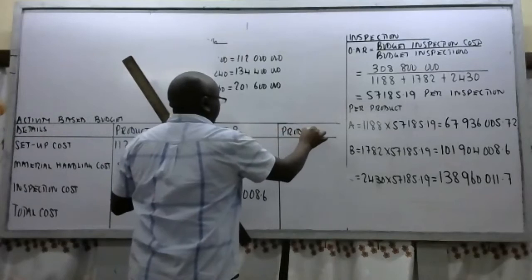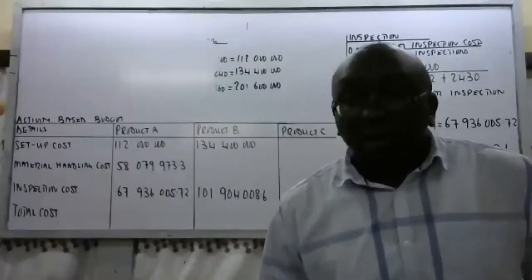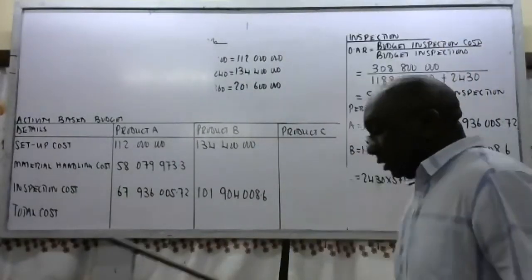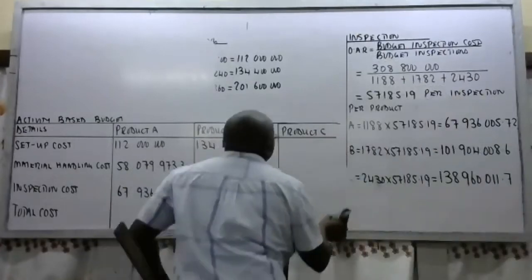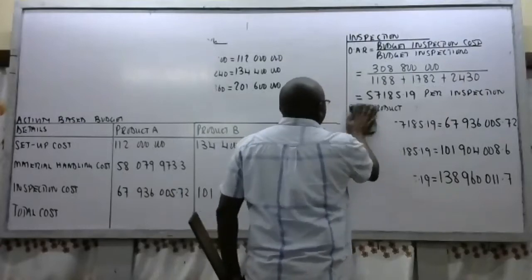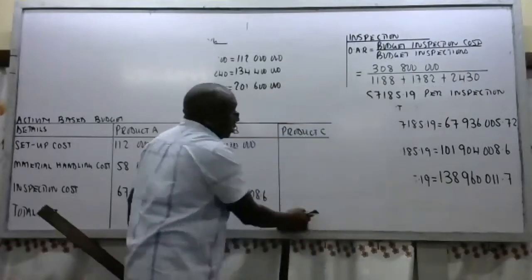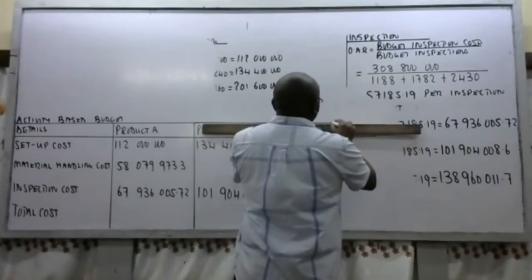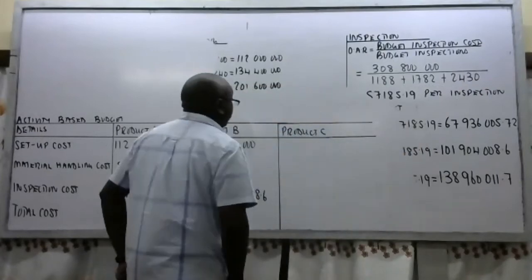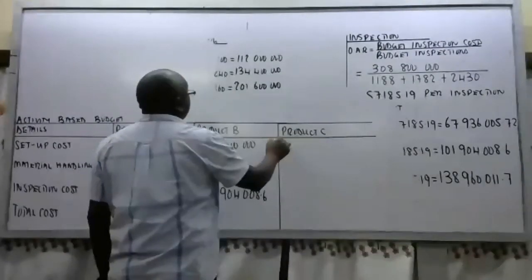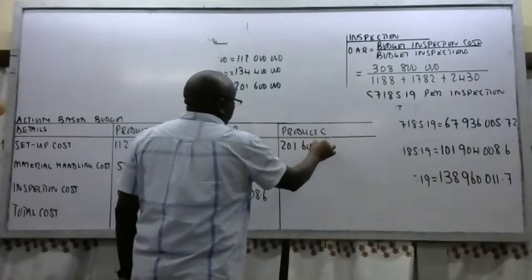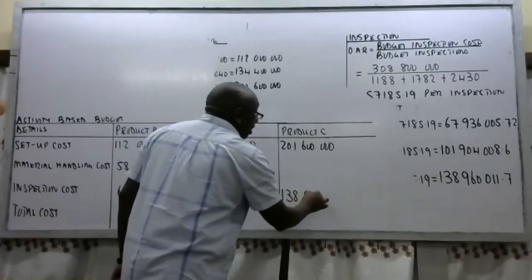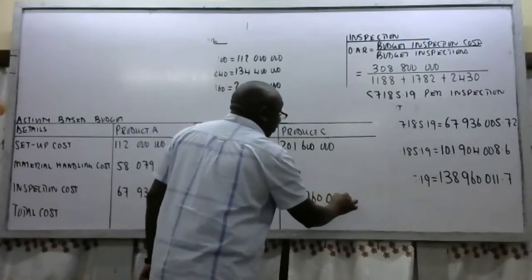Then product C. Okay, Royce agrees with me. Even June, good. So maybe we are differing because of decimals, but it's not a significant figure. 11 shillings when we are dealing with hundreds of millions or tens of millions, it's not a big figure. So this one is 201,600,000, and this is 138,960,011.7.